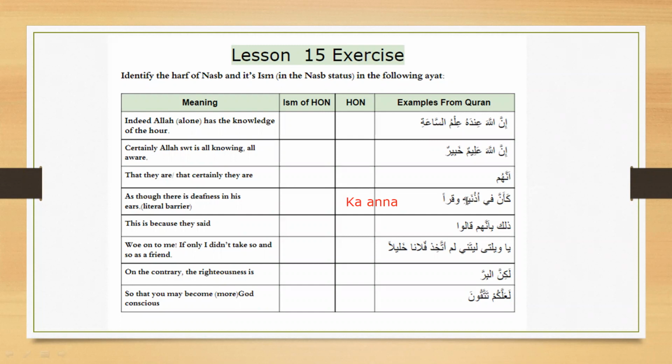This is tasniya ism. Uzunai is in light form. The heavy form would be uzunaini. But because this is coming as a mudaf, that's why it cannot be heavy.